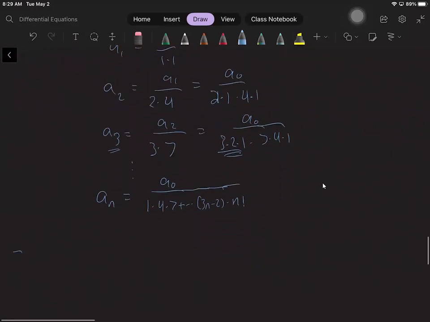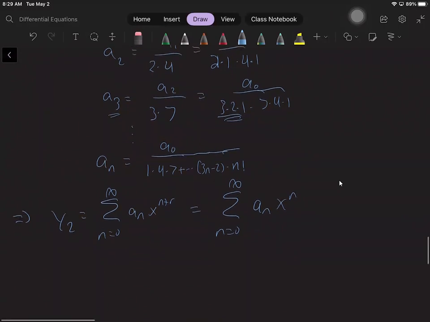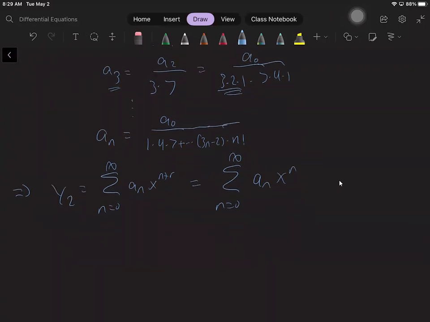So then plugging these in for y2, once again we're starting with x to the n plus r. Now we're plugging in r equals 0, so it's really just that. When we plug this thing in, we follow the same logic.